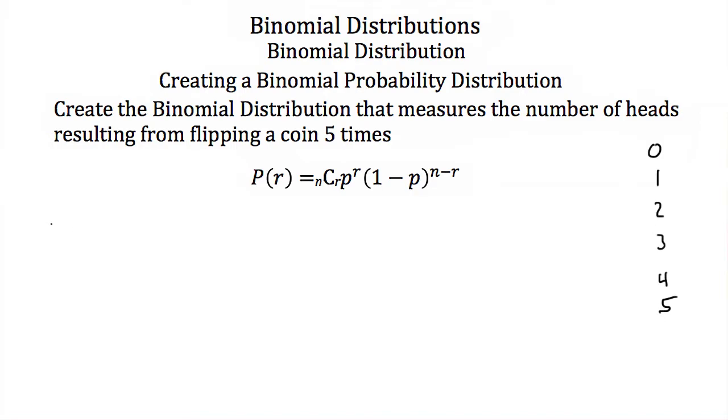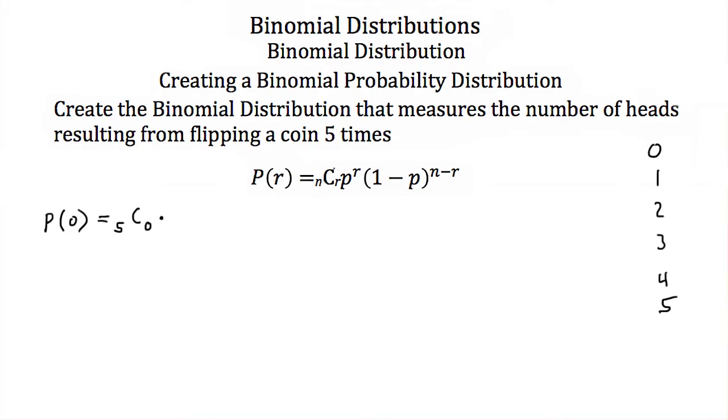Well, the probability that we would get 0 heads, that's equal to 5, because that's the total possible number of outcomes, or the number of possible successes, choose 0, because that's how many successes we're hoping to see, times the probability of getting 1 success.